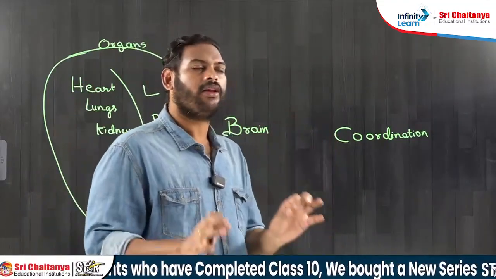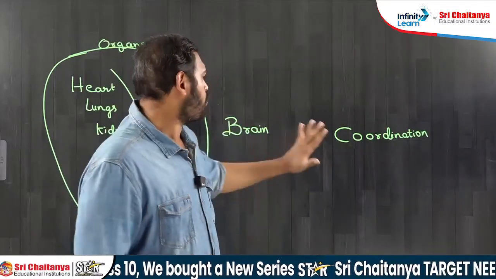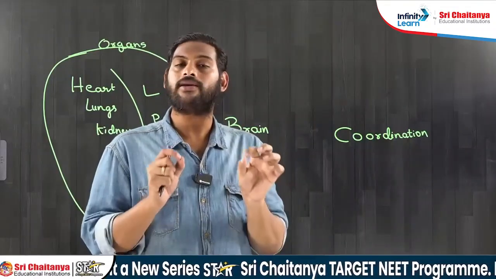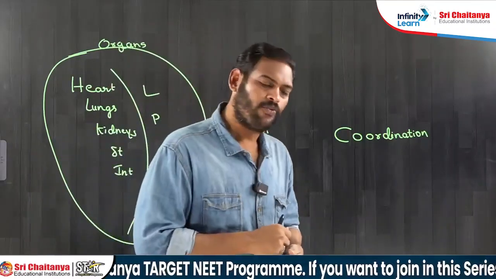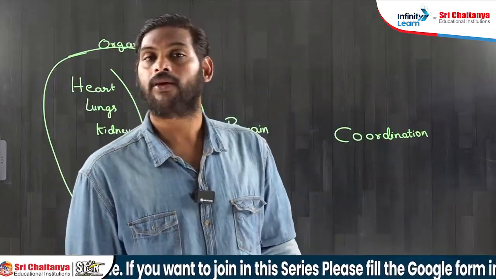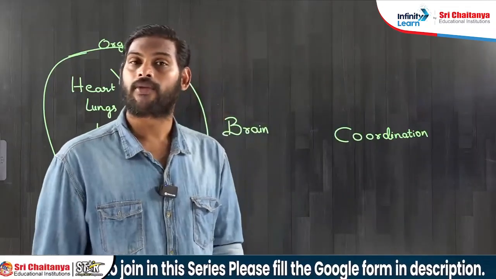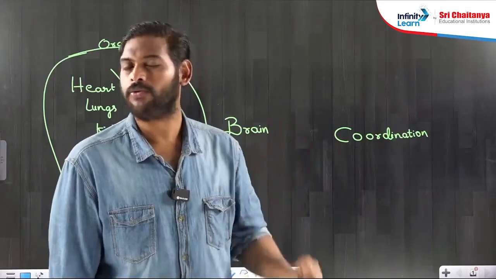So there is neural coordination as well as chemical coordination. Today we will discuss fundamental aspects of neural coordination. How does the brain coordinate with other organs? Before we learn about that, remember this. First we should know about the morphological features of brain tissue.